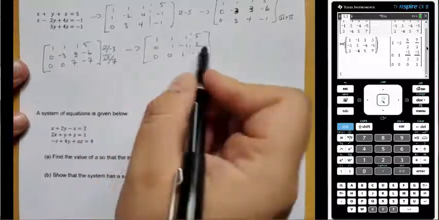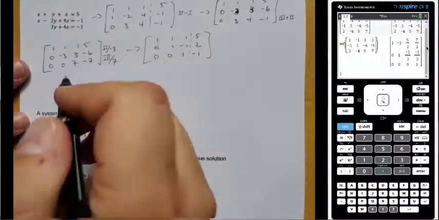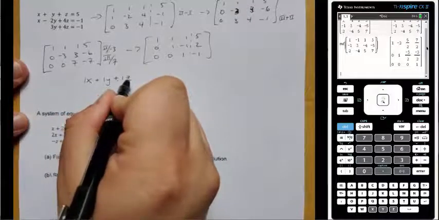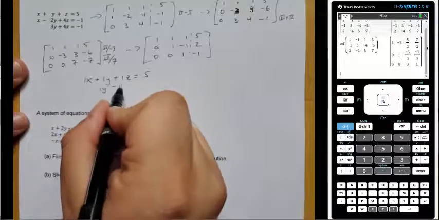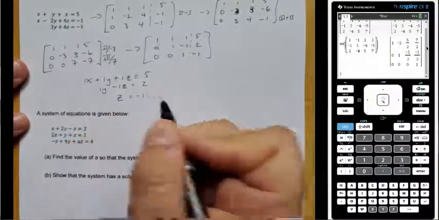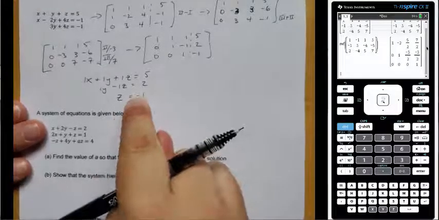So this matrix tells me that this system is equivalent to the following system. 1x plus 1y plus 1z equals 5. 1y minus 1z equals 2. And z equals negative 1. So z equals negative 1.